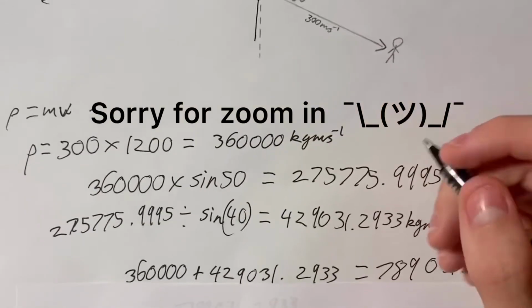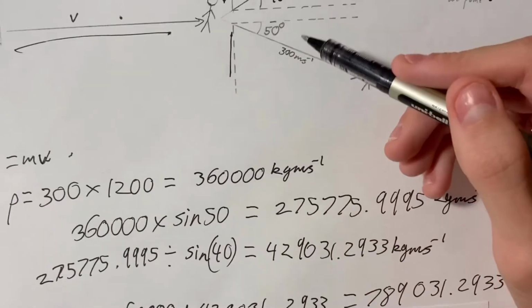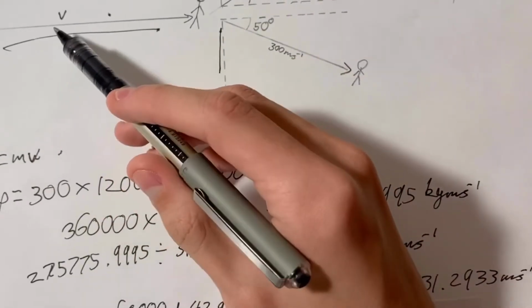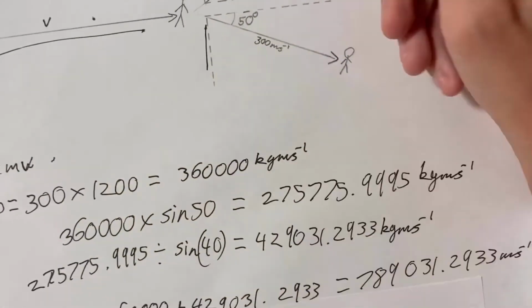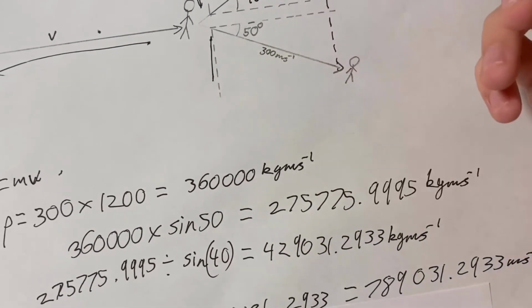Now, because momentum is conserved and the angle between the two momentums calculated up here is 90 degrees, V, the line here, is effectively the hypotenuse of this triangle here, which means you can use Pythagoras.